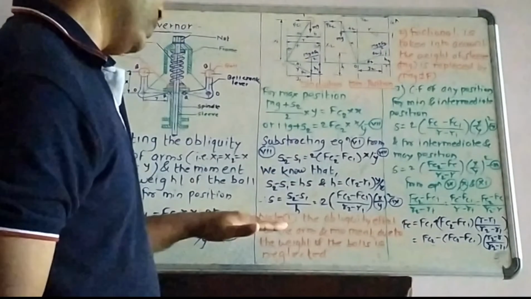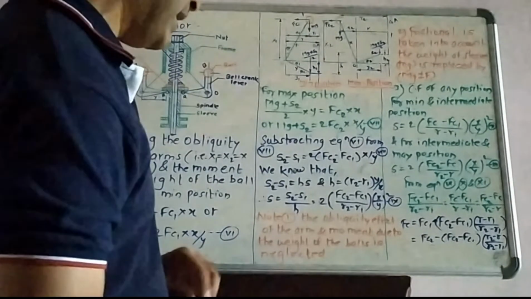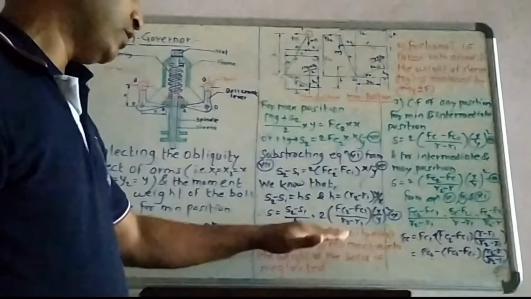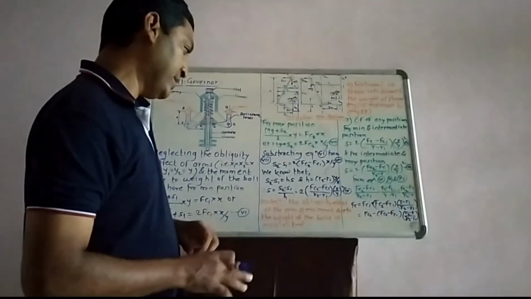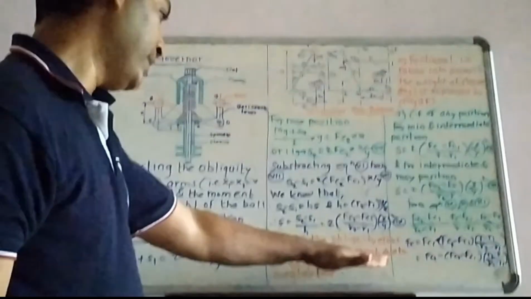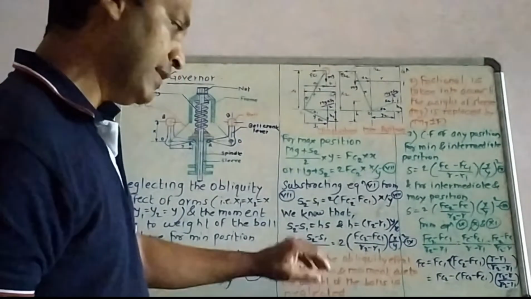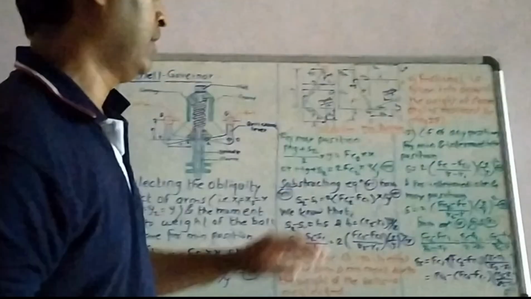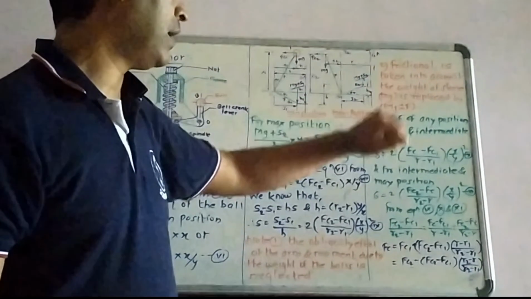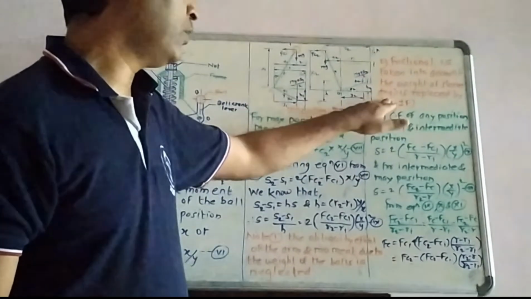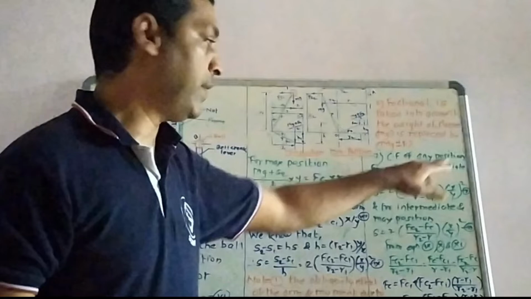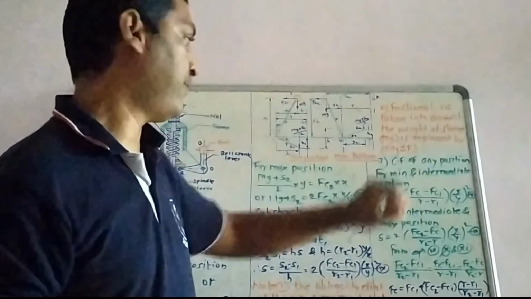Now here, unless and otherwise mentioned, the effect of obliquity and the moment due to weight of the ball are neglected here. When the frictional force is taken into account, the weight of the sleeve is replaced by mg plus minus f.